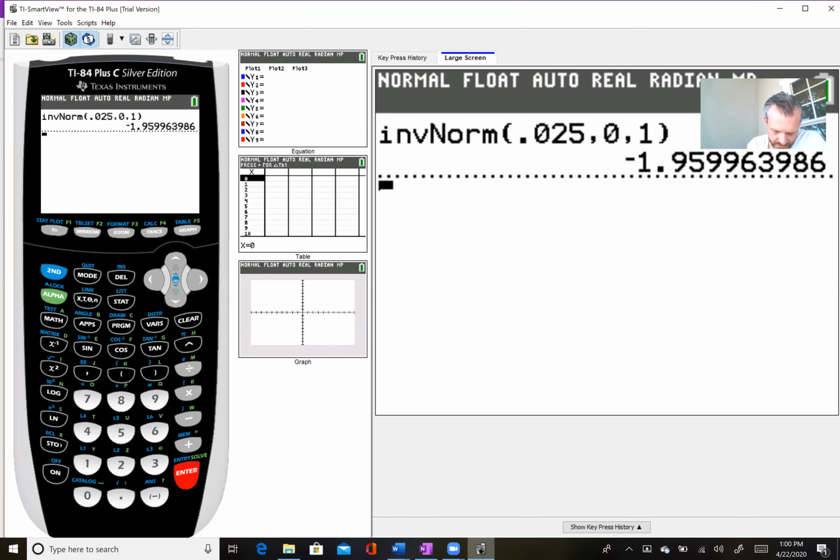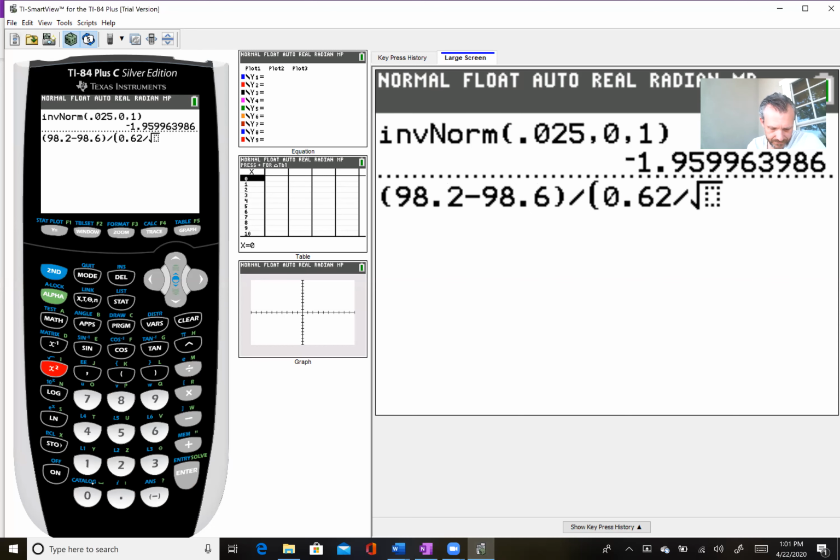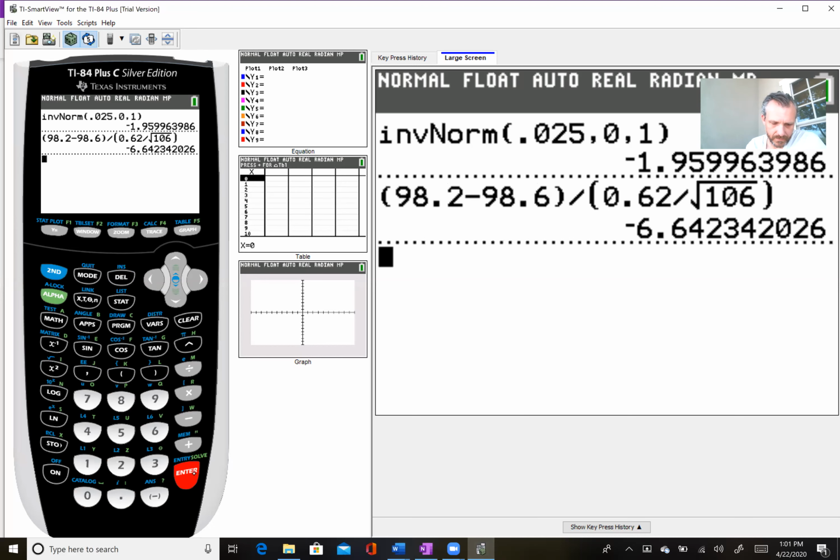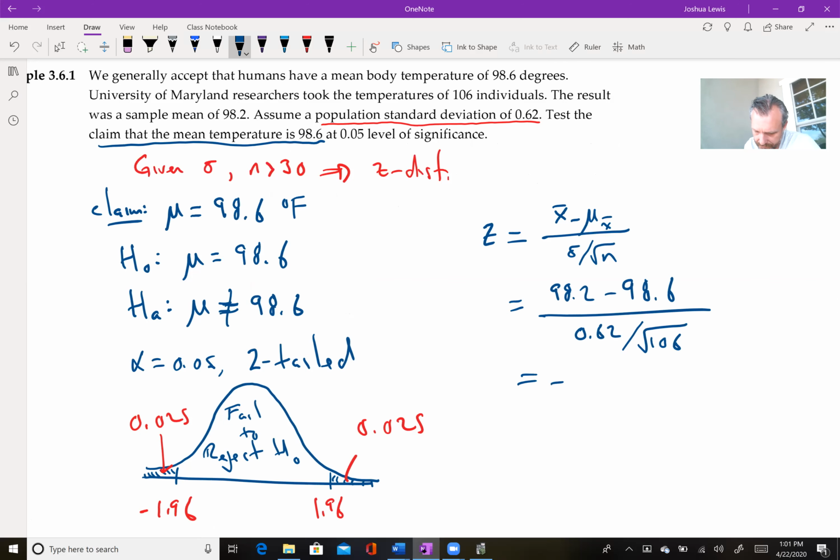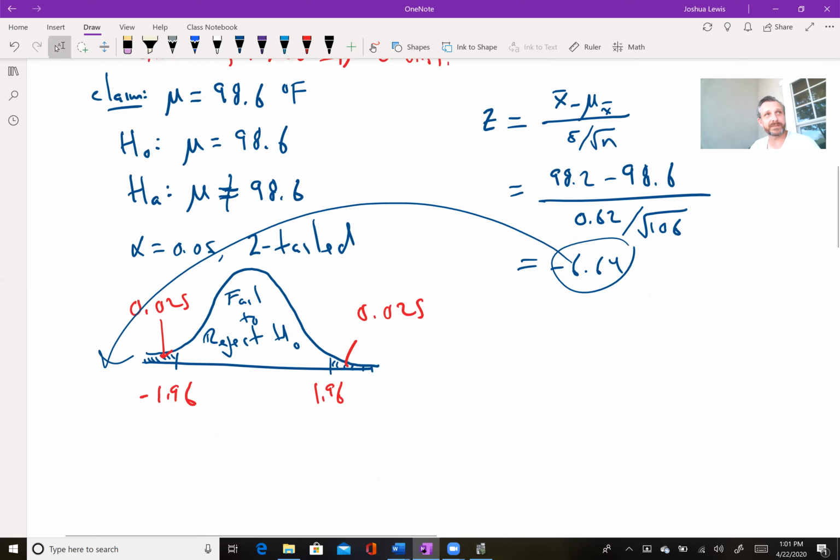So we do that: 98.2 minus 98.6 divided by parentheses 0.62 divided by the square root of 106. We get negative 6.64. Which is in big time rejection region. Like horribly reject, fantastically reject. So we're going to reject H0.